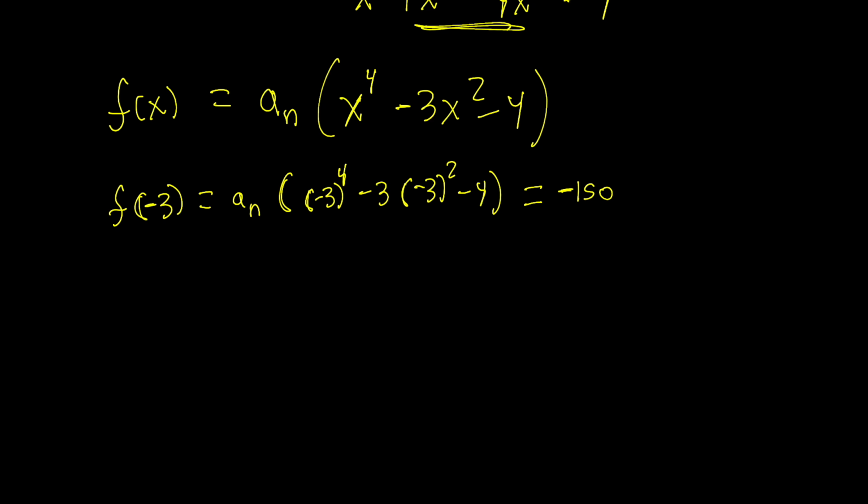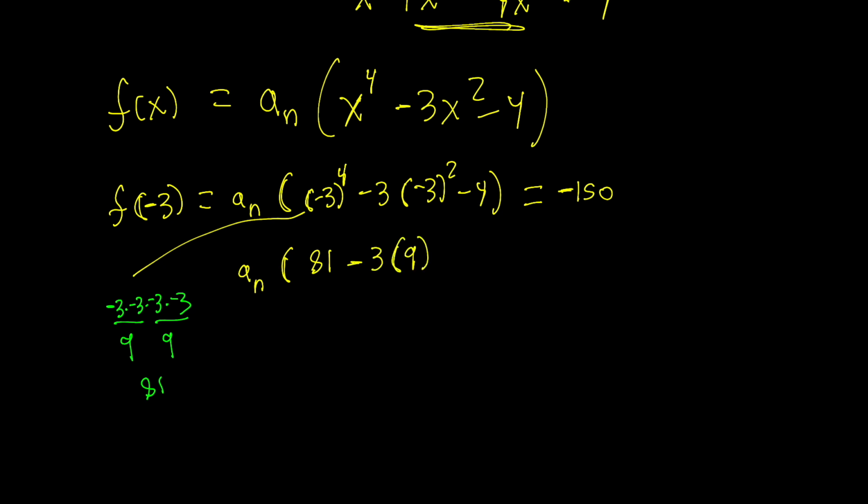I'm going to begin to simplify, so I'm going to get a sub n, 3 to the 4th power. I'm going to get a positive 81. Here I'm just doing 3 times 3 times 3 times 3, so let me do that on the side so you can see. This is going to be 9, that's going to be 9, and 9 times 9 is 81. And then this is followed by this -3, and then 3 to the 2nd power is going to be 9.